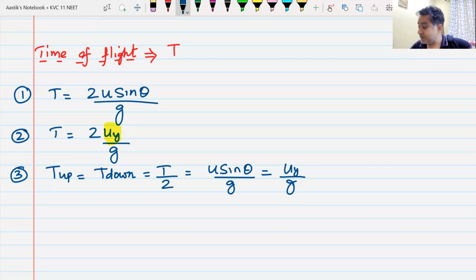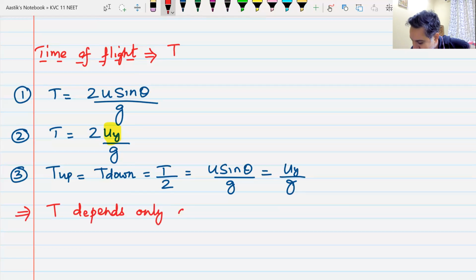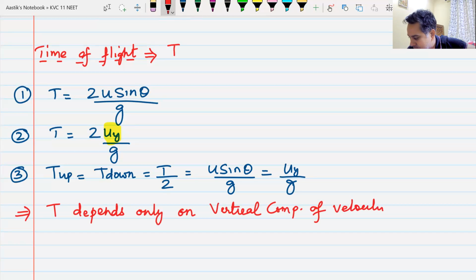Then we can remember this important point. Time of flight depends only on the vertical component of velocity, and it does not depend on the horizontal component of velocity.